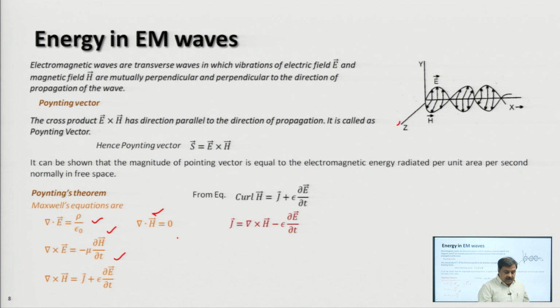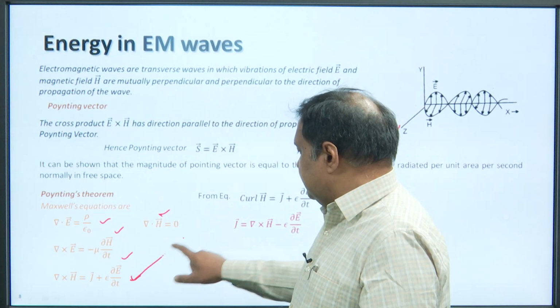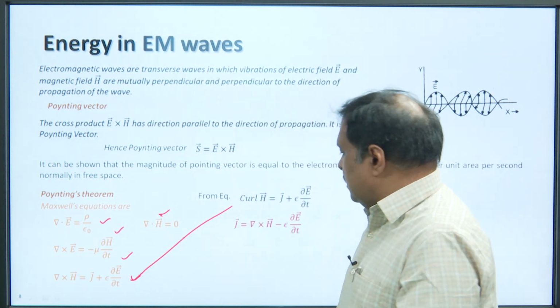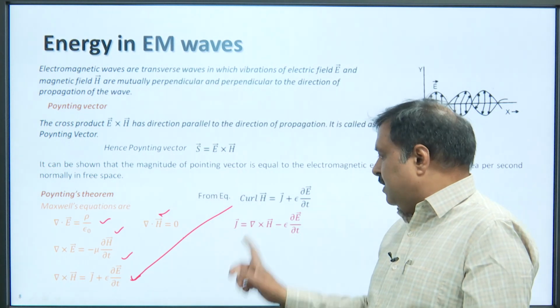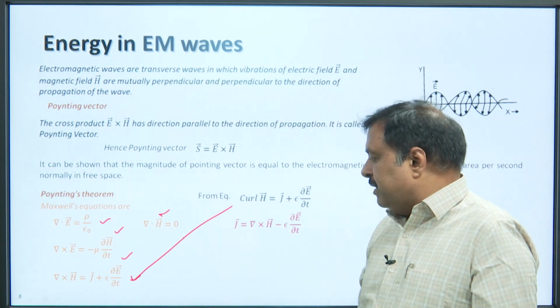Okay. So, from this equation curl H, left hand side is curl H, del cross H equal to J plus epsilon delta E by delta t.